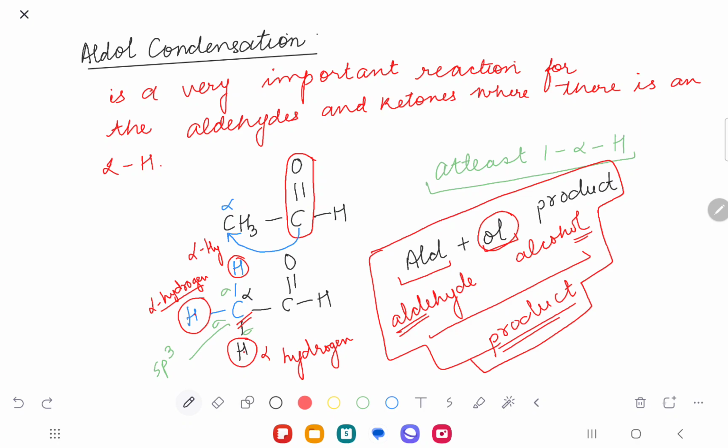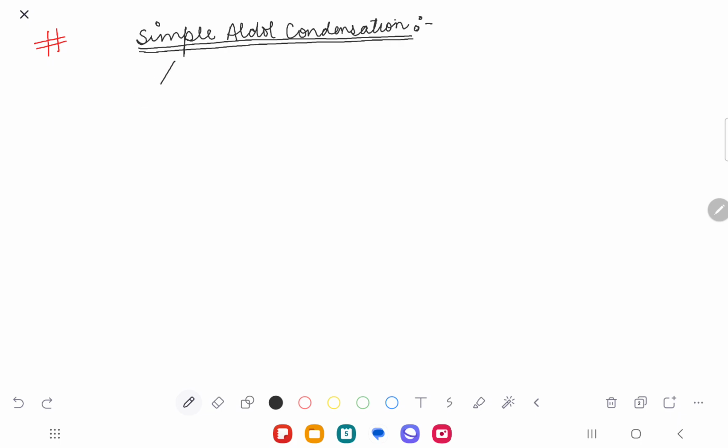So that is the name, aldol condensation. Now, what exactly is happening in this aldol condensation? Today we're going to do a simple aldol condensation. What does that mean? A simple aldol condensation includes two molecules of the same type, two molecules of aldehyde or two molecules of the same ketone, undergoing condensation.